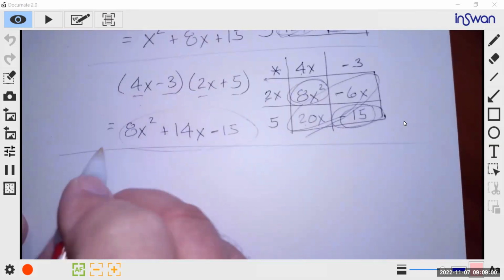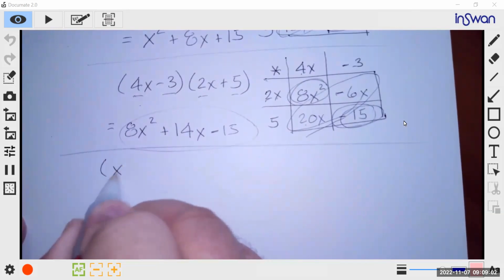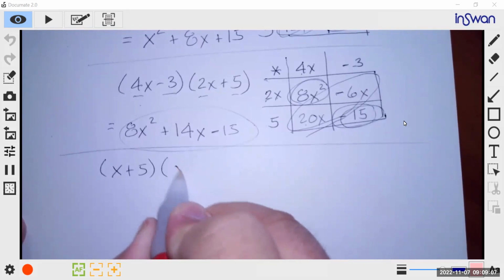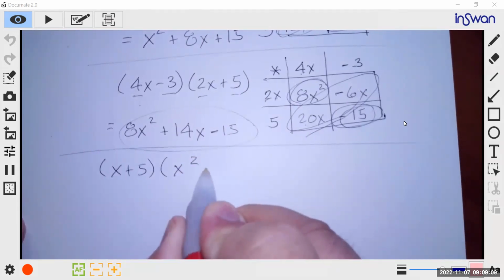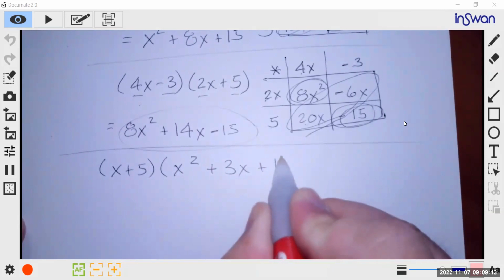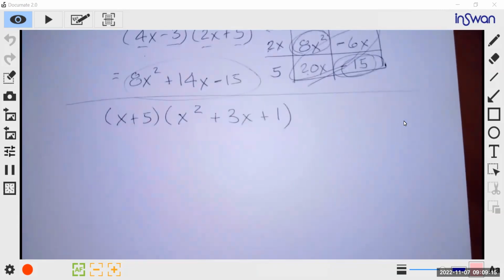All right, let's try a bigger one. X plus 5 times x squared plus 3x plus 1.